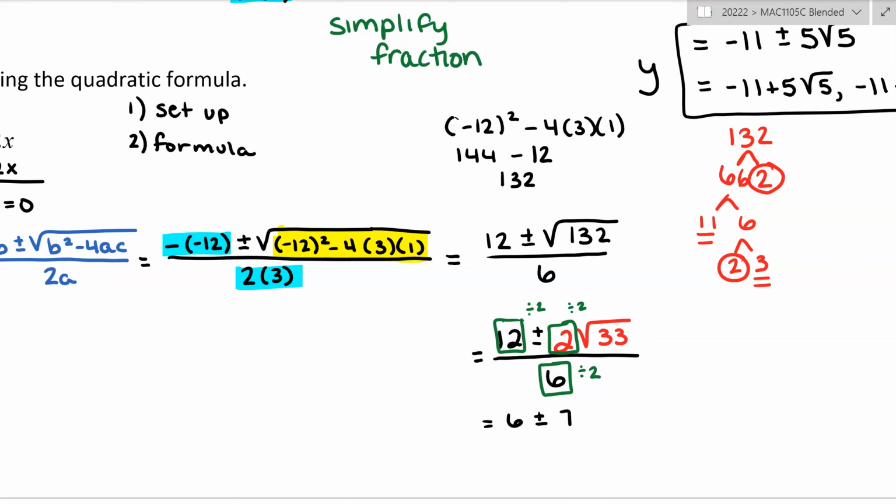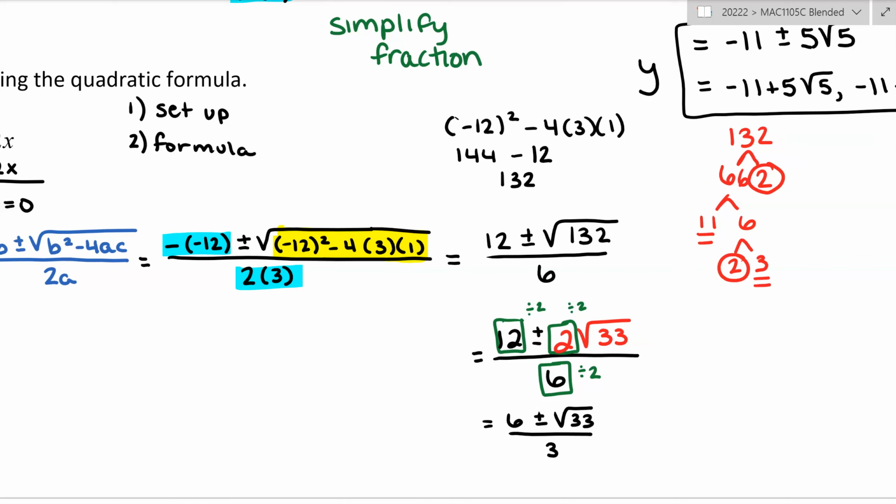So there's technically a 1 times the square root of 33. But just like a 1 on the bottom, if we're dividing by 1, we don't write divided by 1. And if we're timesing by 1, we don't generally write times 1. So I'm just going to write this as just a plain square root of 33 on the bottom, and then 6 divided by 2 is 3.